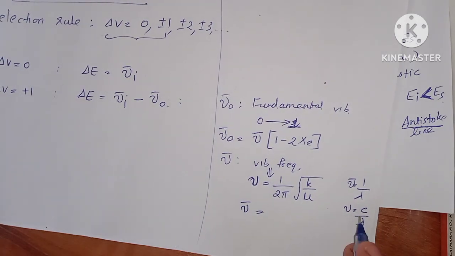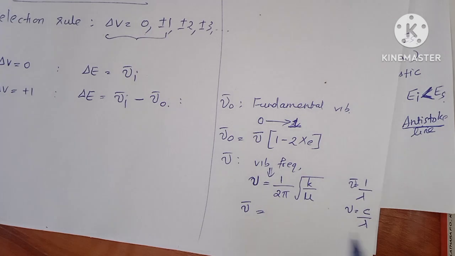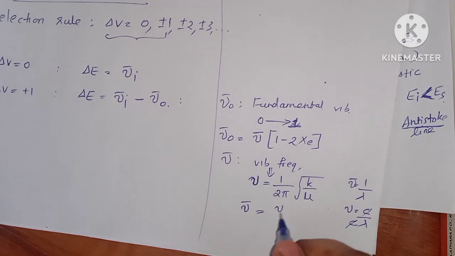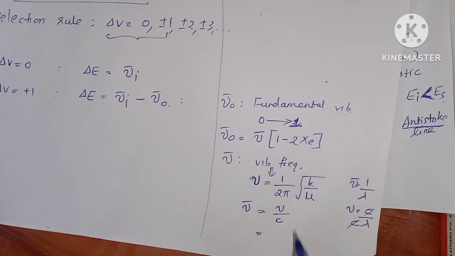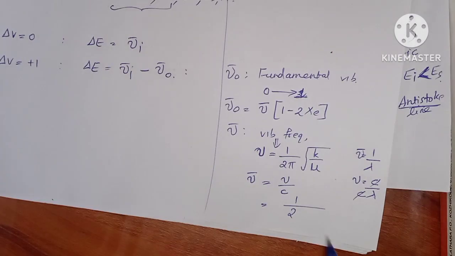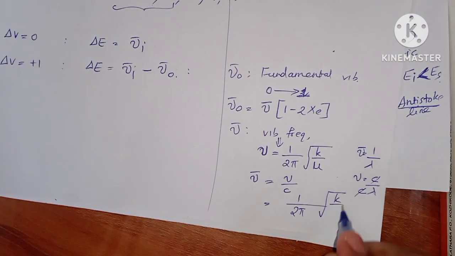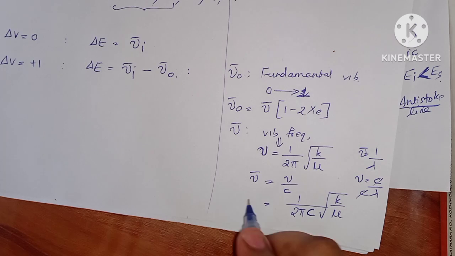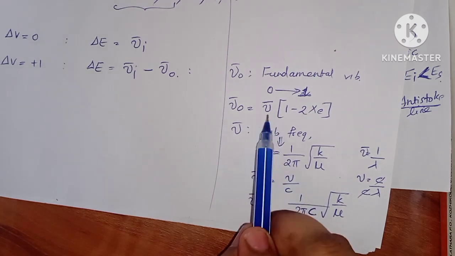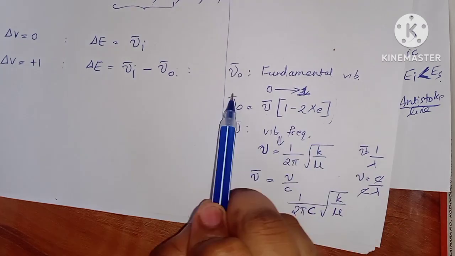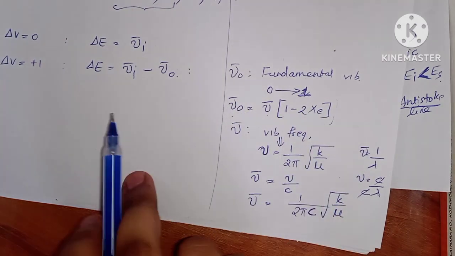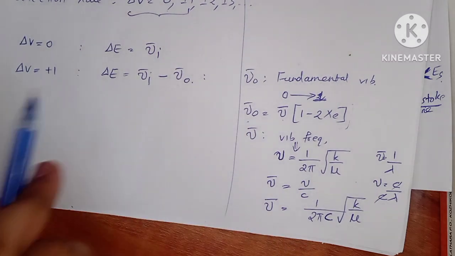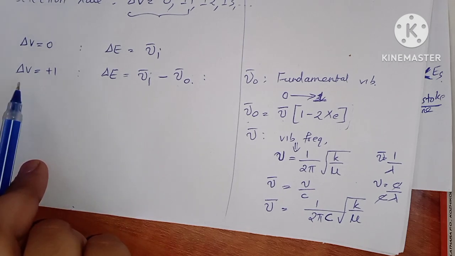So to make mu into 1 by lambda, we have to divide by c, so that we get 1 by lambda, which is equal to mu bar. So mu we already know, 1 by 2 pi root of k by mu, divided by c. So this is the mu bar. This mu bar we put in the equation mu bar into 1 minus 2xe to get mu bar 0. And once we get mu bar 0, we put it here to obtain the energy required for a delta V plus 1 transition.